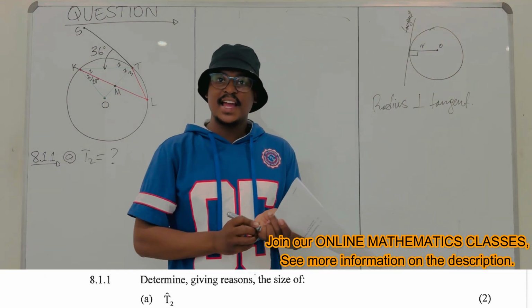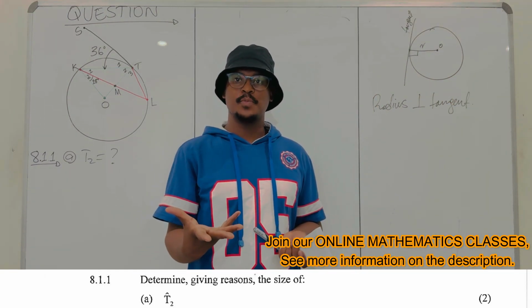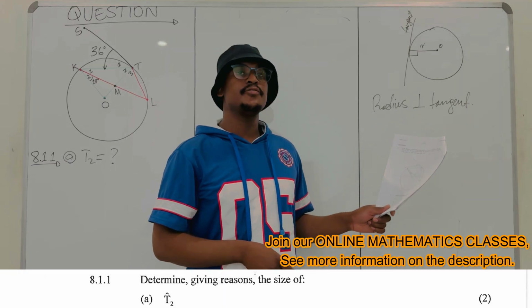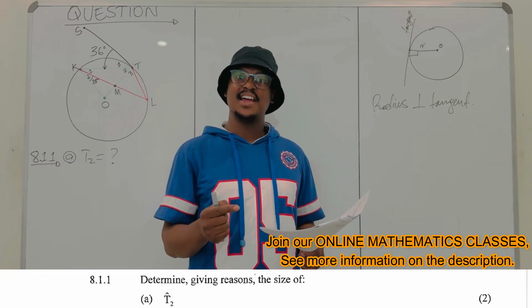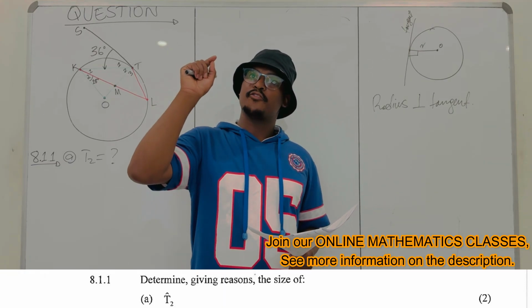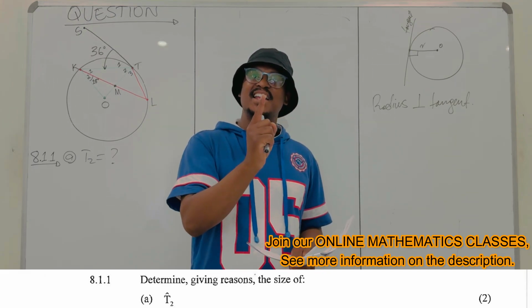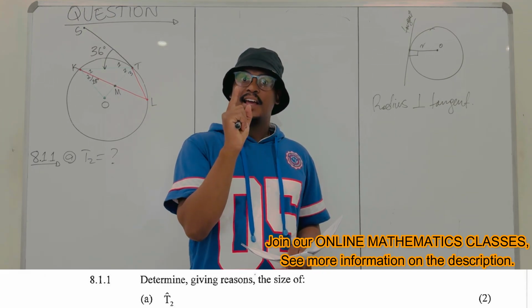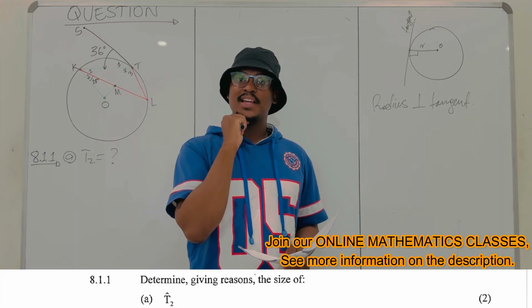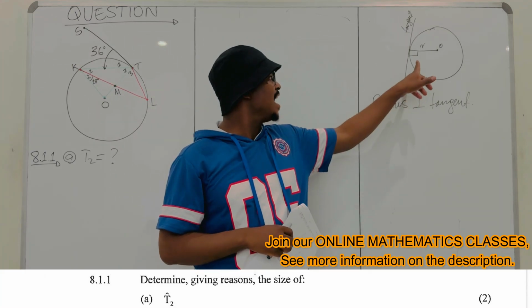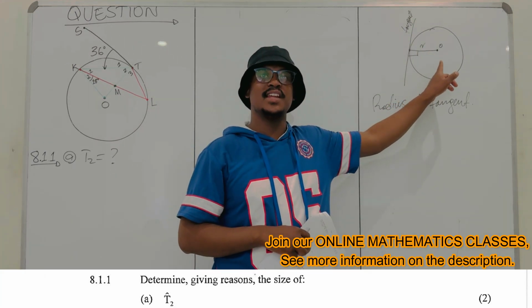I did prove this theorem on my B.Ed. sessions where I was teaching geometry, that if you have a tangent to the circle and you draw a radius from the center to the point of contact, or to the point of tangency, then the radius and the tangent will be perpendicular at that point. So the angle between the tangent and the radius is always 90 degrees.